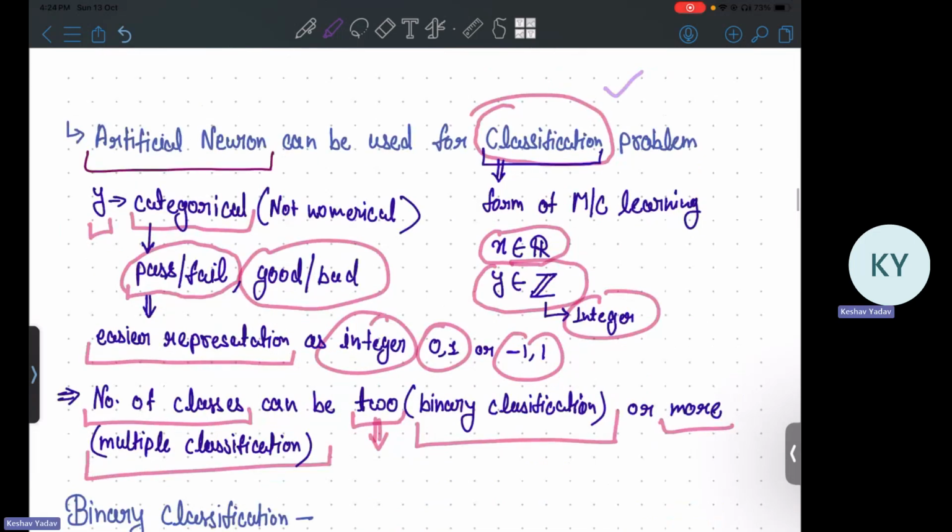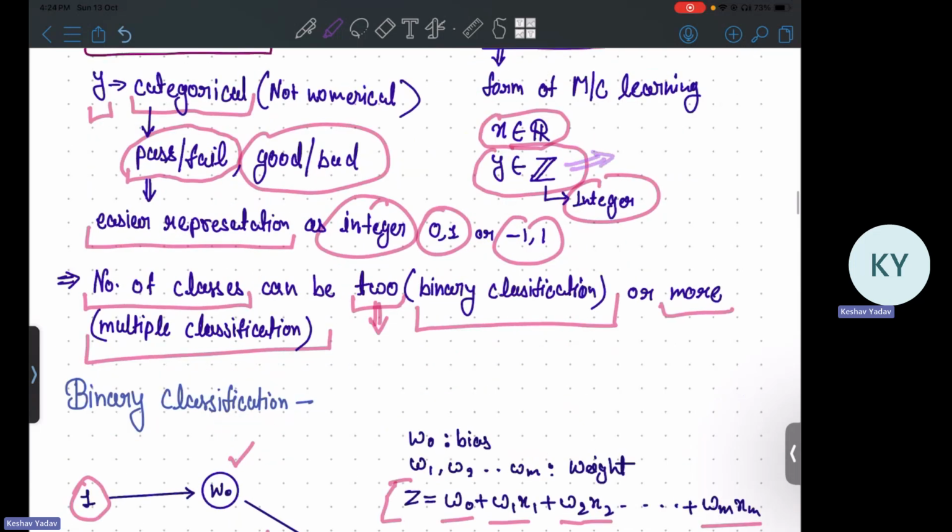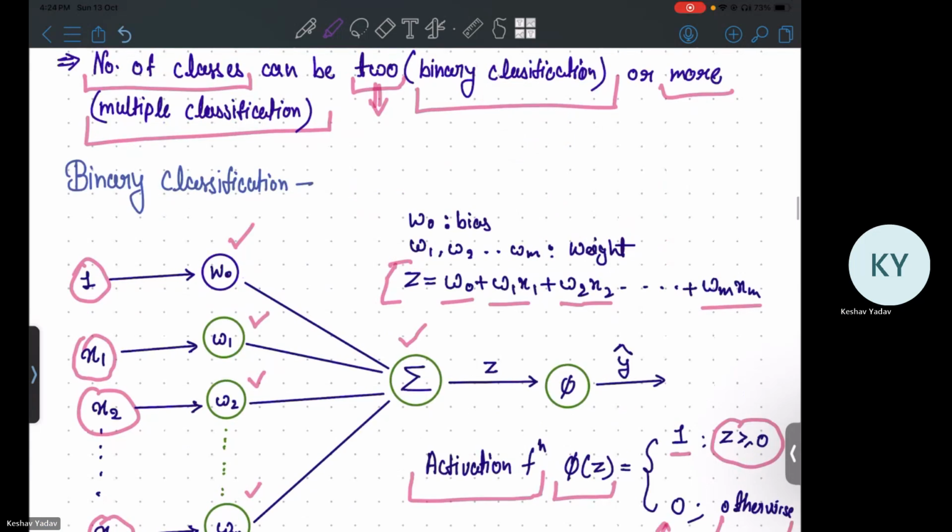Then we have seen how this artificial neuron can be used for classification problems. In classification problem, this output y belongs to integer, not real number. The classification can be of multiple type of classification or binary type of classification. If there are only two classes available, it is called binary classification.